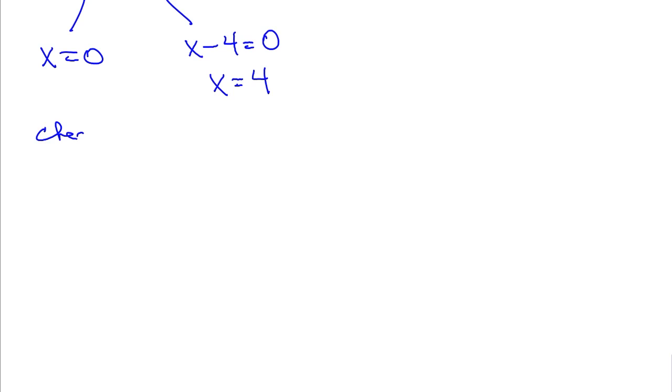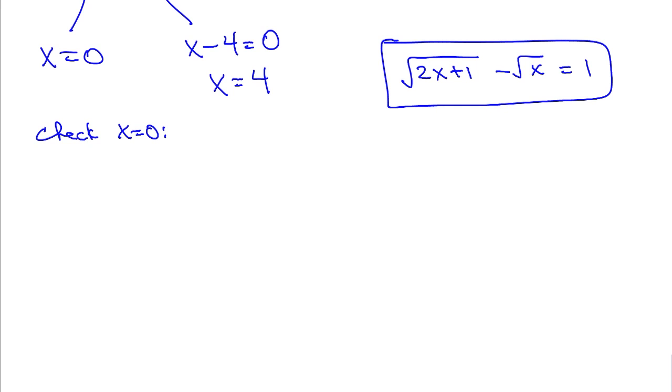So let's check x equals 0. I'll remind you of the original equation: square root of 2x plus 1 minus the square root of x equals 1. To check x equals 0, we'll plug in 0 for x. So we have the square root of 2 times 0 plus 1 minus the square root of 0 might be equal to 1.